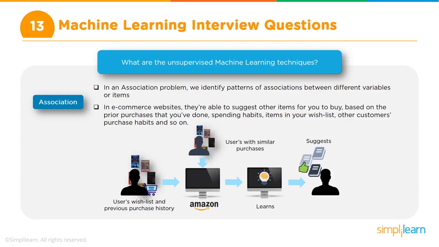This is more in an e-commerce scenario, and you can give this as an example. People who are buying laptops are also buying a mouse, so that means there is an association between laptops and mouse. Or maybe people who are buying bread are also buying butter. So that is an association that can be created. So this is unsupervised learning, one of the techniques.